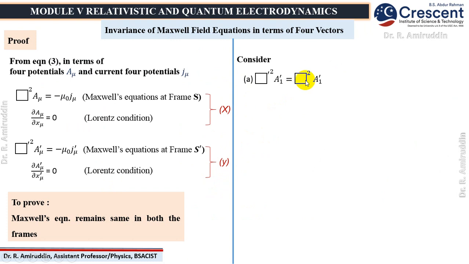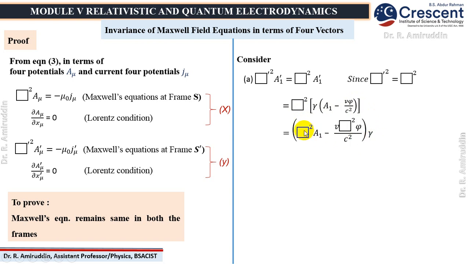So let us start analyzing. Box square a1 prime, substitute the term of a1 prime from the previous equation. So box square into gamma, open bracket, a1 minus v psi by c square, close the bracket, and bring this box term inside and the gamma term outside the bracket. So box square a1 minus v box square psi by c square, into gamma.